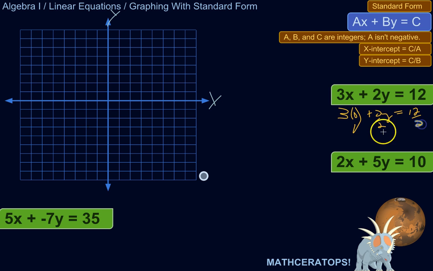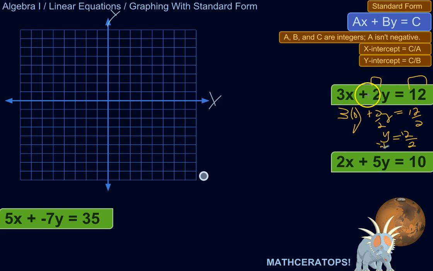So y is 12 divided by 2, also known as 6. Interesting, right? The y-intercept is c divided by b.